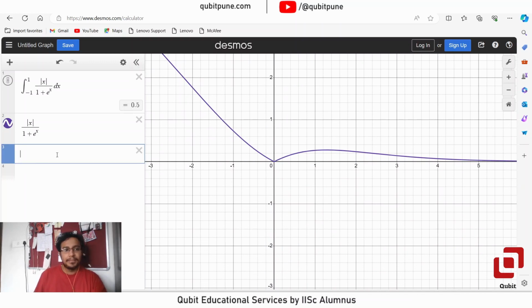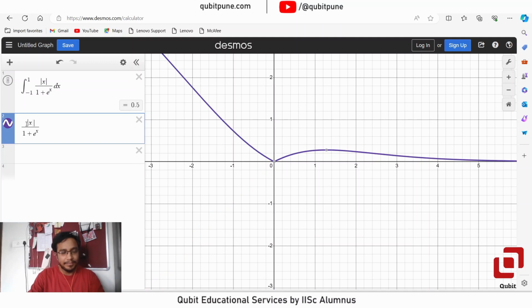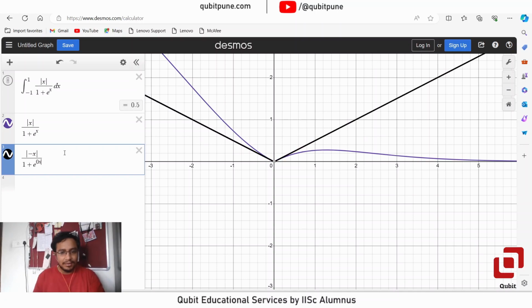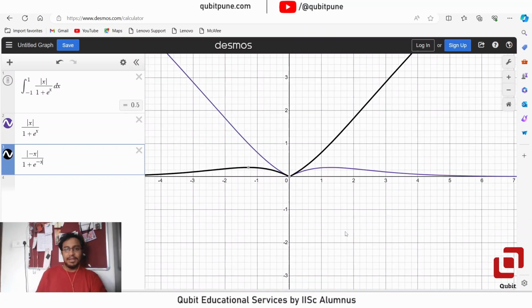Now, if I make the transformation x to negative t, and plot the graph of mod x upon 1 plus e raised to negative x, it will be something like this.